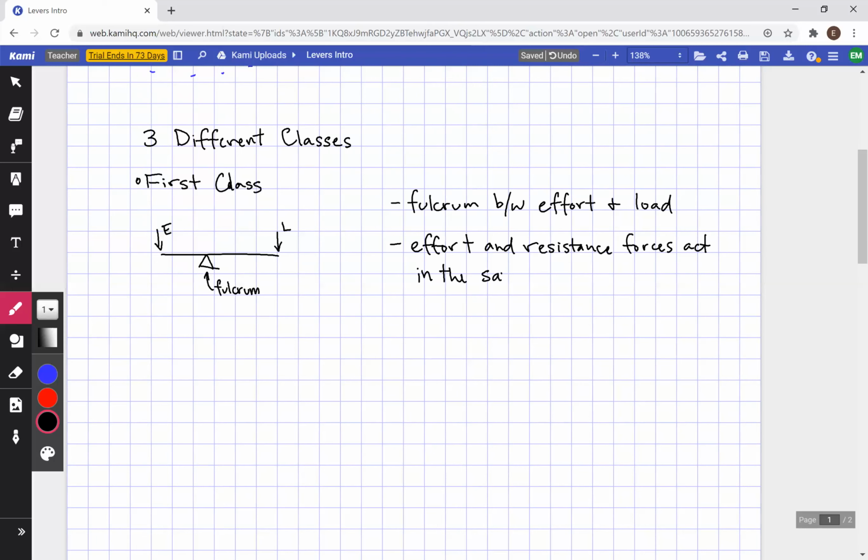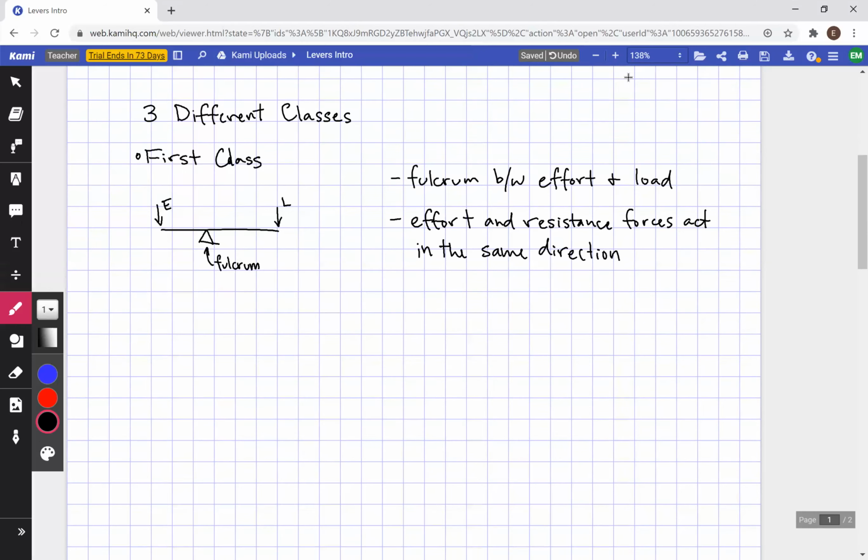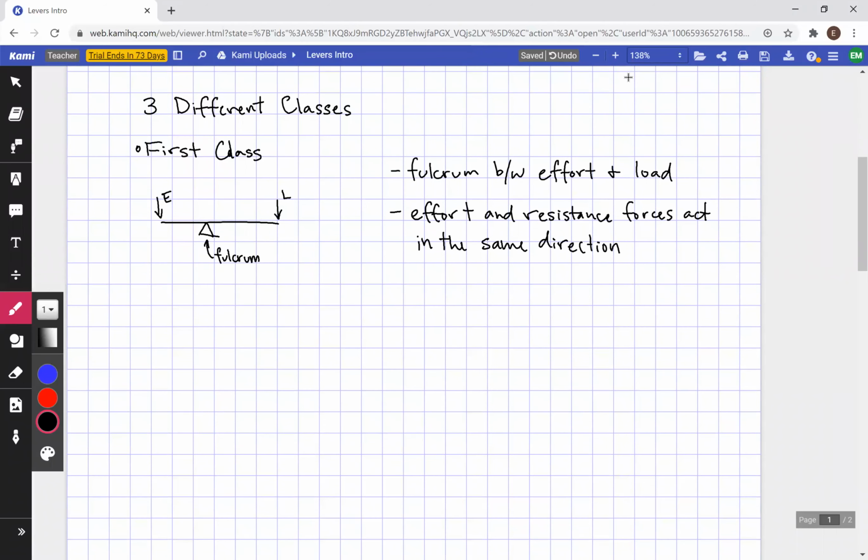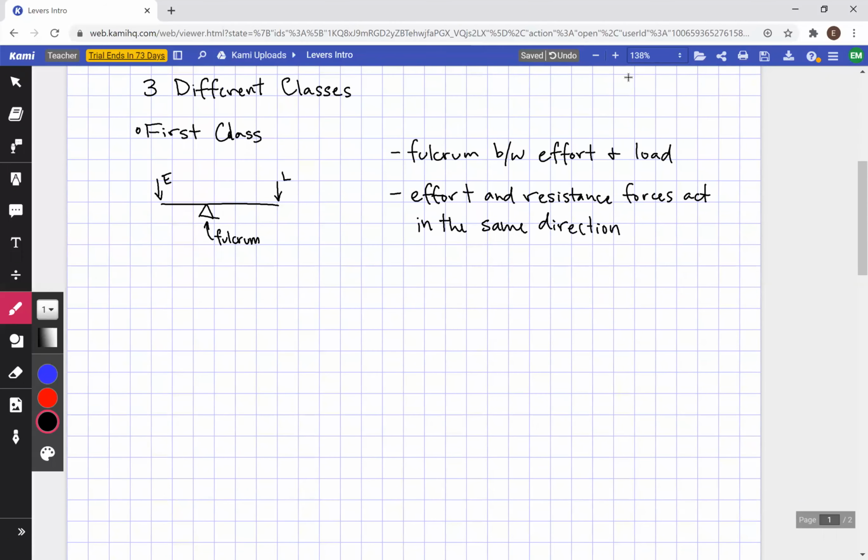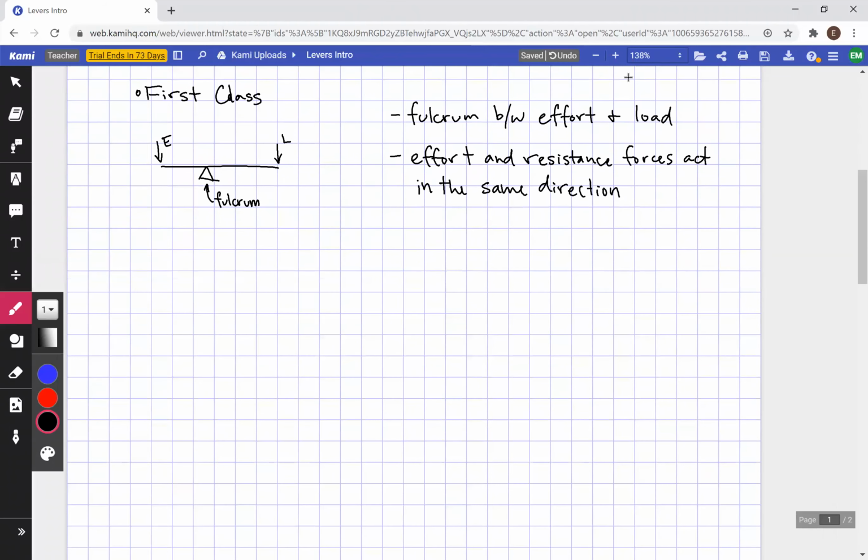So in this case, they're both acting down, right? Act in the same direction. And there are three different situations that you'll see when you see a first class lever. So you could have it, I'll go ahead and just call these A, B, and C.